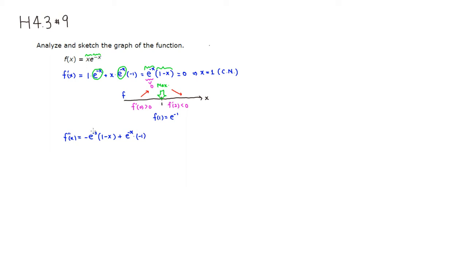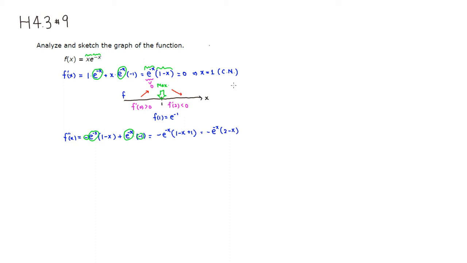Again, we're going to factor out the e to the negative x, and with the -1 would be good. So I'm going to pull out negative e to the negative x, and what's left is going to be 1 minus x, and then you're going to have another plus 1. So this is going to be negative e to the negative x times 2 minus x.